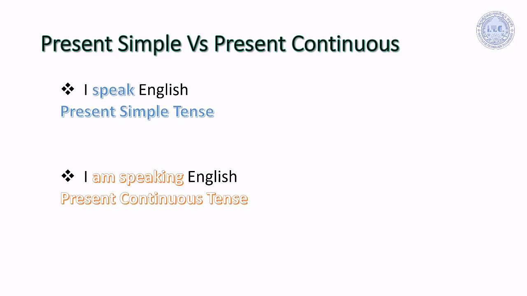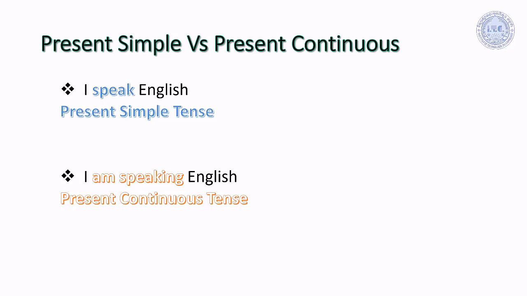Let's go back to the beginning of this lesson, the two sentences. I speak English and I am speaking English. So I speak English is used in present simple tense. I am speaking English is used in present continuous tense. So when I say I speak English, because it is a fact, I generally speak English.